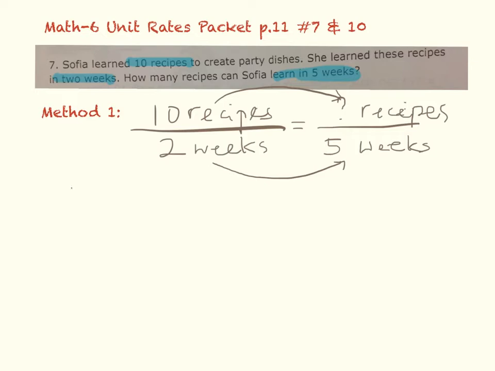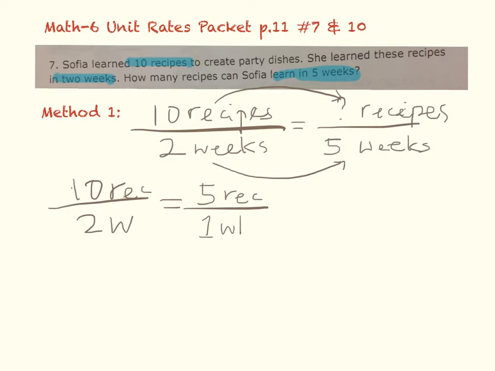Okay, so 10 recipes, I'll just write REC for recipes, over 2 weeks. It is like a fraction here. You can reduce it. So you can reduce 10 to 5. So this is 5 recipes over 1 week.